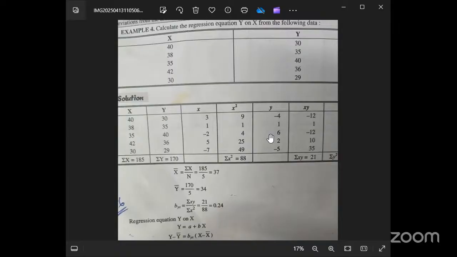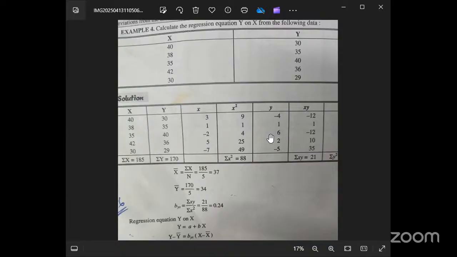So yesterday when we were doing some problems regarding correlation, we made some mean values to find out. So simple here, we need to find out what is x total, what is y total. If we make the total of x, like 40 plus 38 plus 35 plus 42 plus 30, which gives us 185.